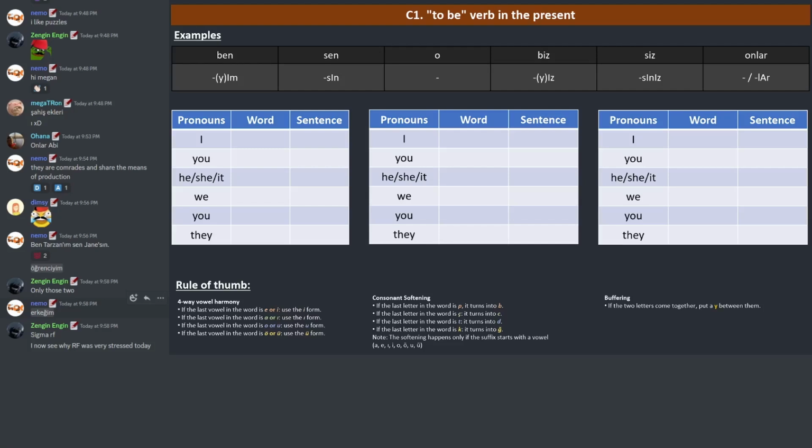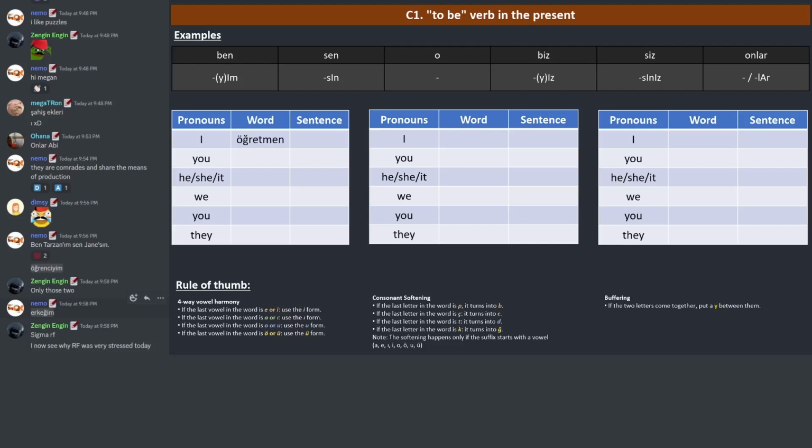You can still cheat from these notes and the personal markers at the top. So how do we fill in this? I think I will go with "öğretmen." "Öğretmen" means teacher.